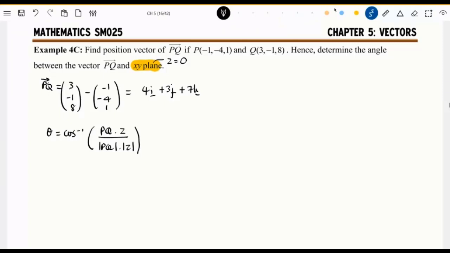Okay. Alright. So now kita cari dulu magnitude PQ. Okay, magnitude PQ macam mana? Square root of 16 plus 9 plus 49. Kita dapat apa? Square root 74. Good. Alright, and then magnitude for the Z. Okay, itself Z adalah when XY plane.